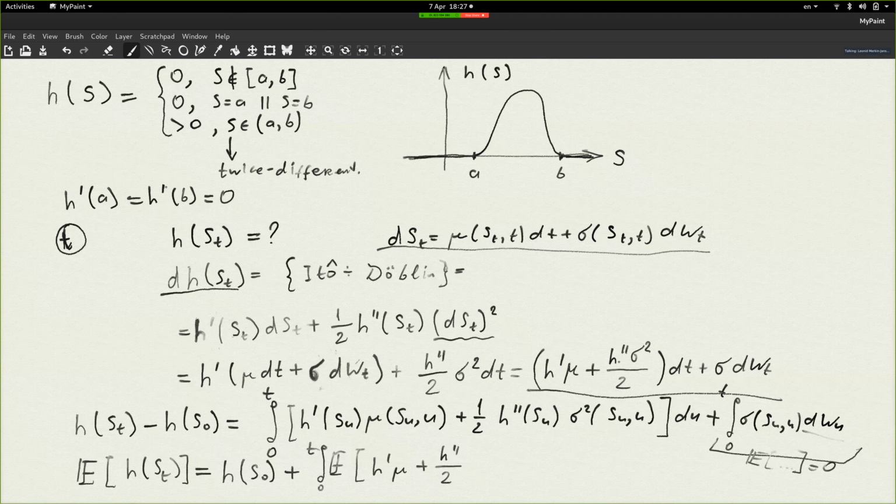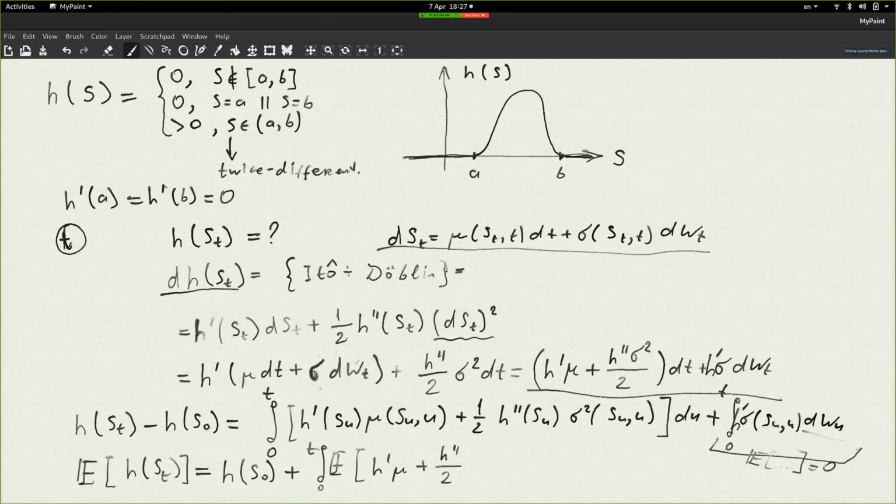Oh yes, you are right. We missed H prime here, right? Yes, H prime. Thank you. Still, it doesn't change anything because the expected value of this is 0. Okay?